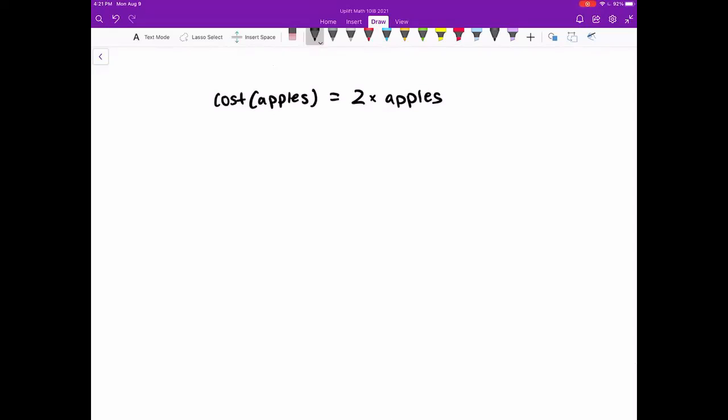So here, we have a domain where the x can't be any negative numbers because we can't have negative apples. And this also means that the range will also be positive.